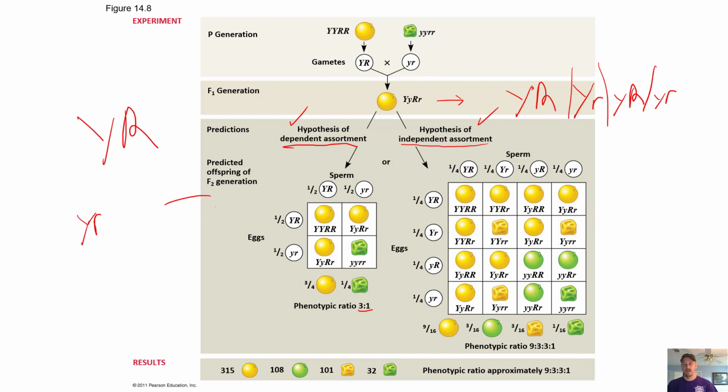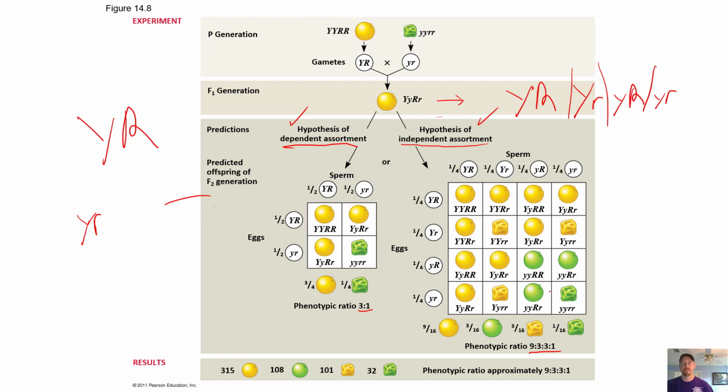And so you can see all the possible offspring here. If independent assortment is true, he predicted a 9:3:3:1 offspring ratio, meaning 9 round yellow to 3 round green to 3 wrinkly yellow to 1 wrinkly green.